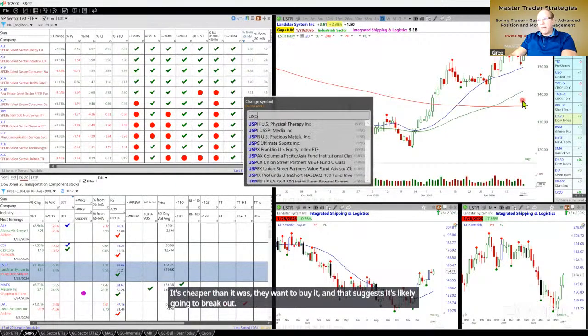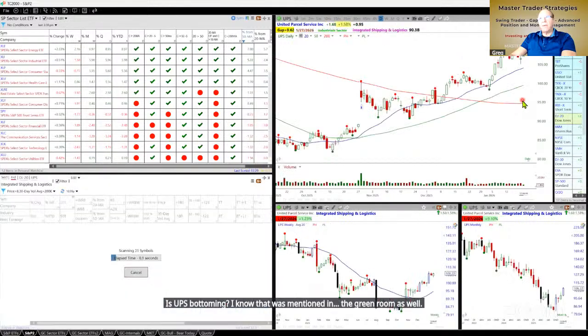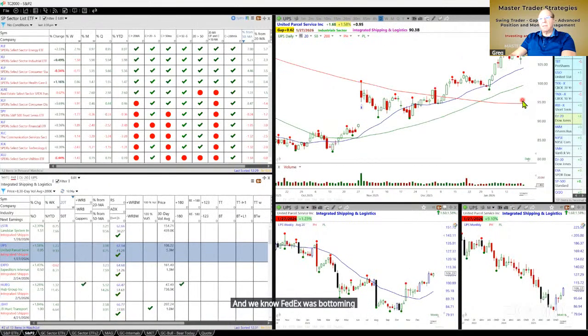Is UPS bottoming? I know that was mentioned in the green room as well. And we know FedEx was bottoming. It has bottomed. Not is it bottoming? It has bottomed. It's a fact. Now, apply that to multiple time frames. The monthly, you can see the lower right, is still in a downtrend.